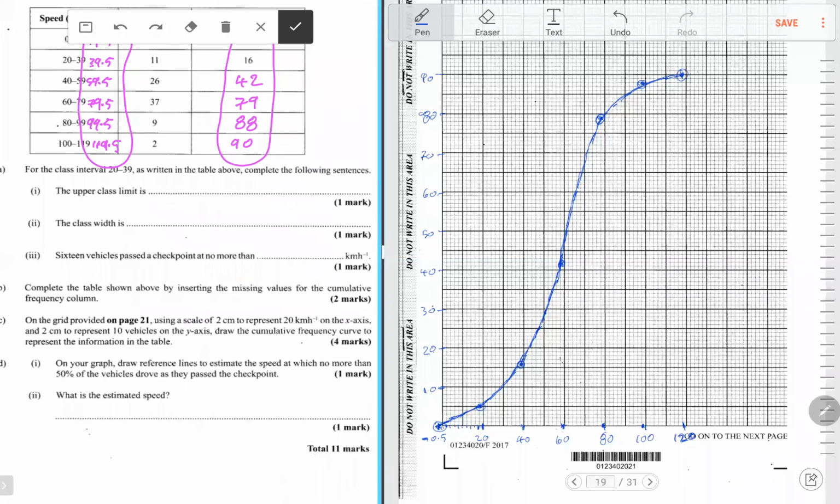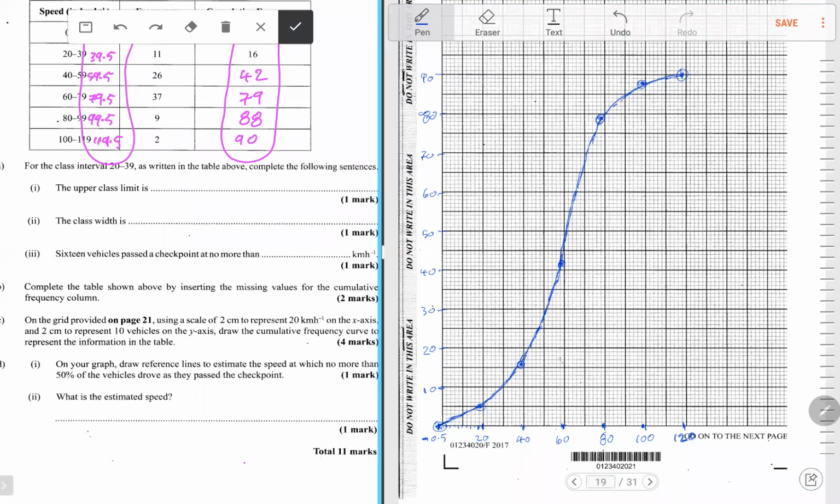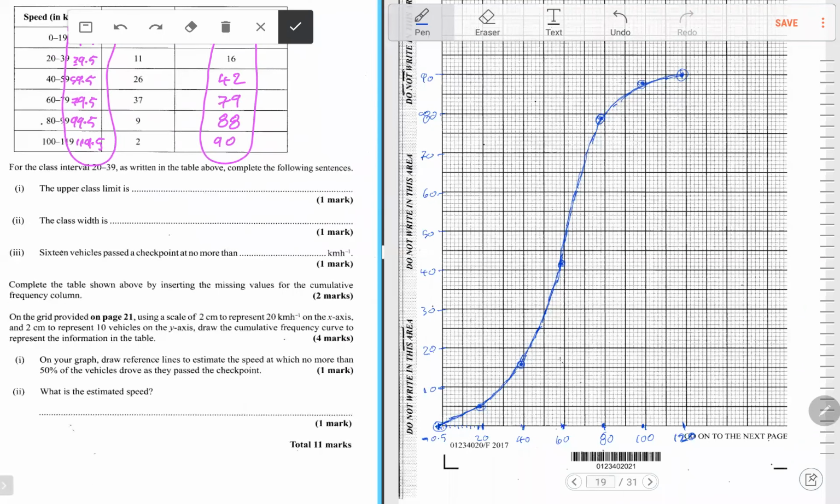It says, on your graph, draw reference lines to estimate the speed at which no more than 50% of the vehicles drove past. Remember, down here is the speed of the vehicles in kilometers per hour.